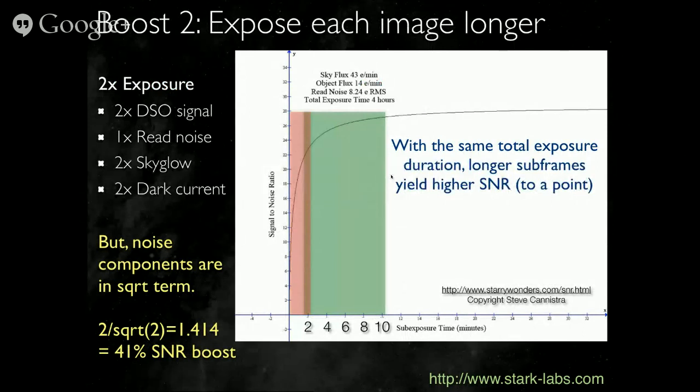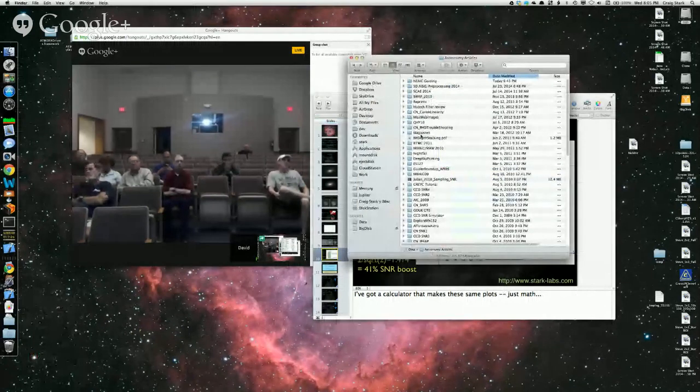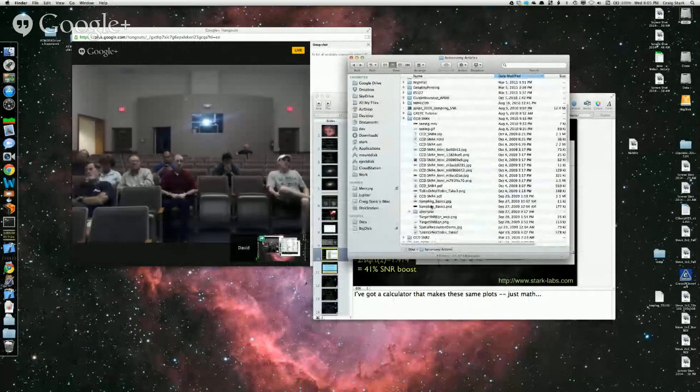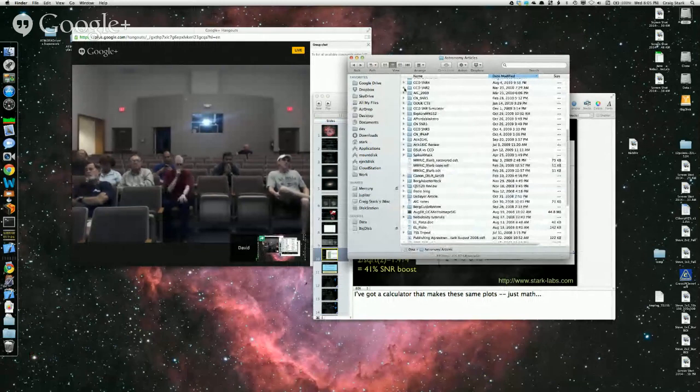Is there such a thing that says, given what your sky glow is, and let's say you put a sky quality meter up there and you're at 21.5 or something like that, given that measurement, is there a way to determine the best amount, at what point you're wasting your time? Do you take 25 shots of 10 minutes apiece? Have you made a calculator, or is there somebody that makes a calculator that says what is the optimal?